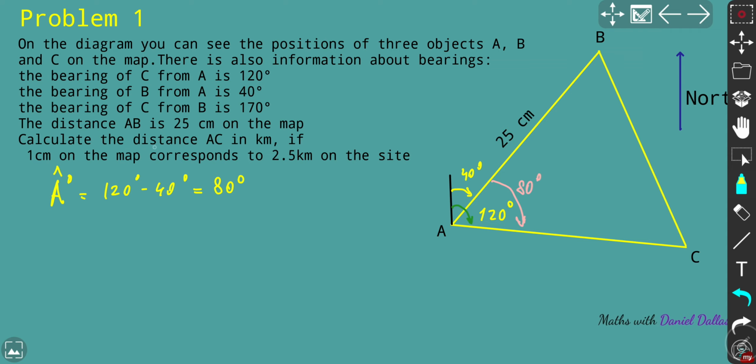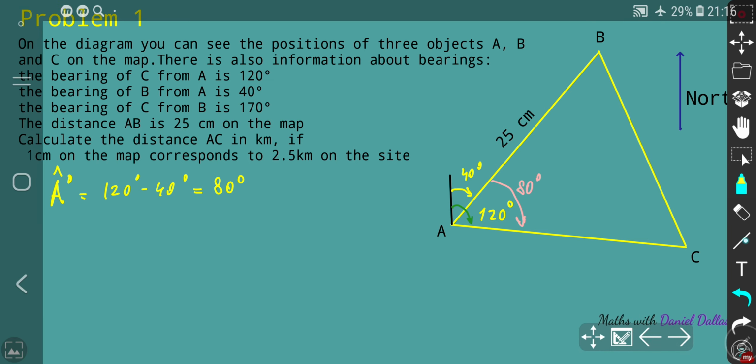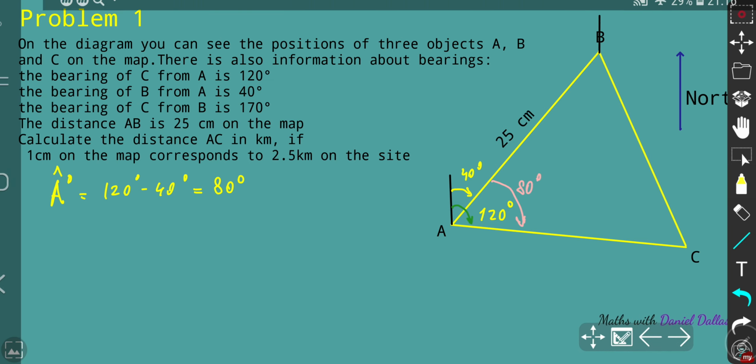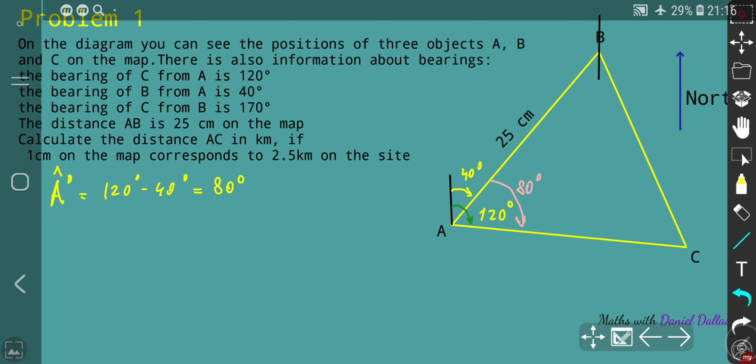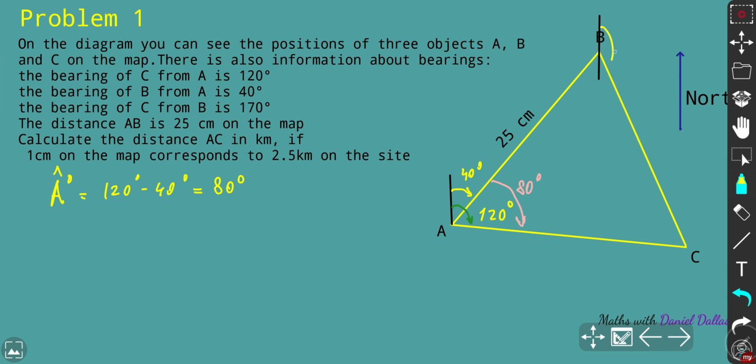Let's move next. We can use the last bearings, C from B. So C from B, what it means, we need to put the north direction right there through the point B and measure in a clockwise angle, which is 170. It's right there. So this angle is 170 towards direction BC. One angle we know, ideally to find AC we need to use angle B, because now we can use sine rule.